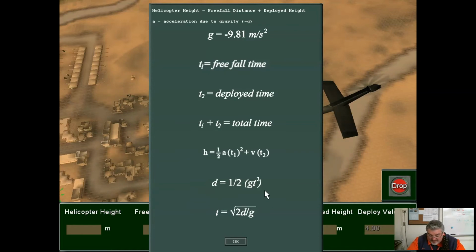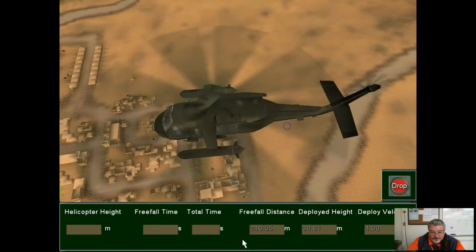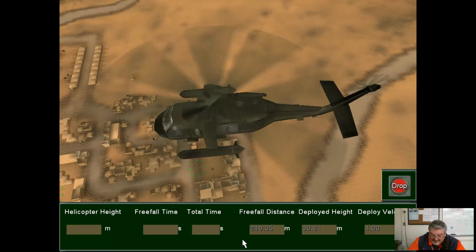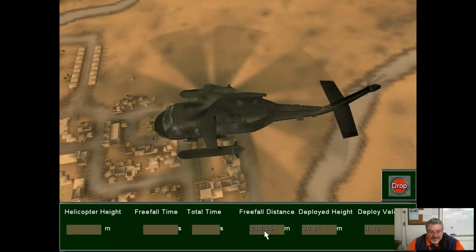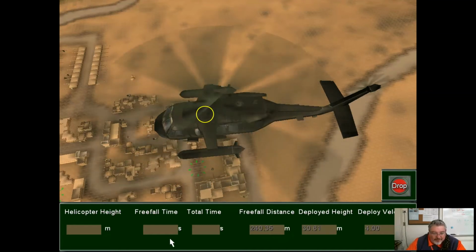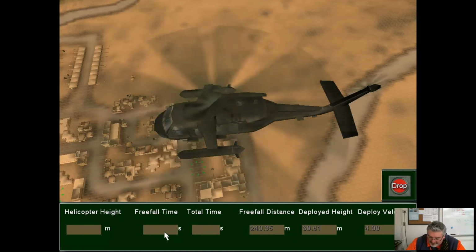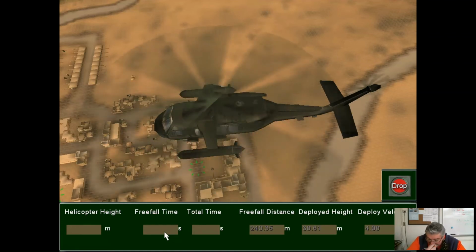So I'm going to type those numbers in my calculator. Distance equals 1/2 gravity, so 9.81 times T squared. So that's time of free fall. I don't know my free fall time. So that's what I'm trying to solve for. So T squared is my variable in that problem.